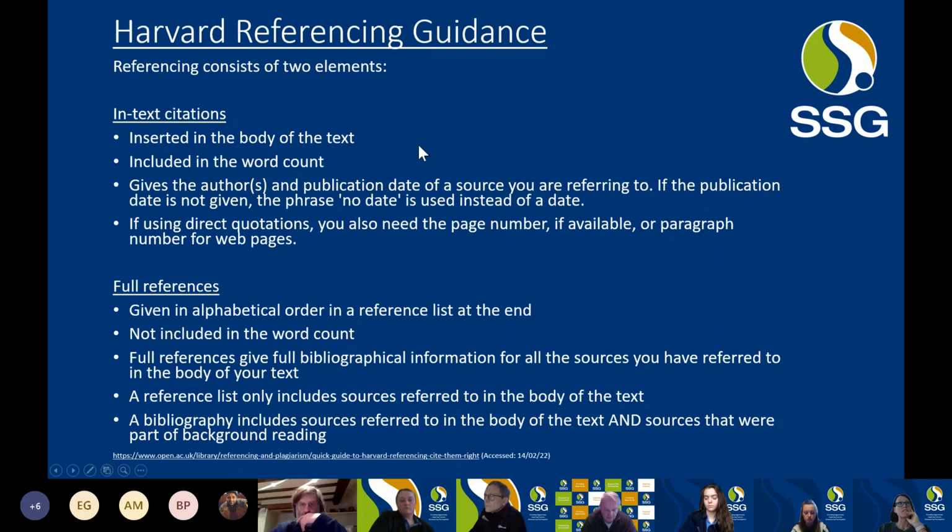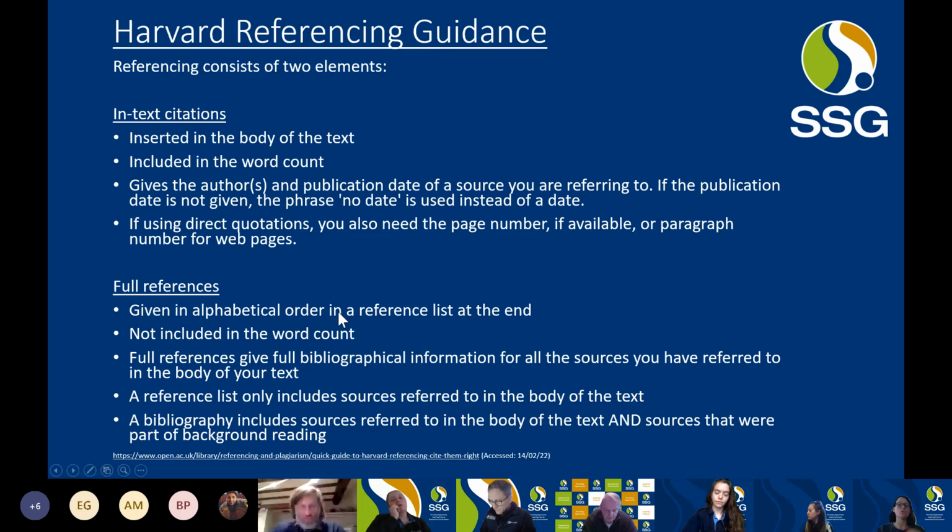Cool. So there's the two different types of referencing, the two elements that need to be included. You've got your in-text citation, so that's when you put a quote or an example into the body of your text that needs to be in quotation marks or needs to be indented.